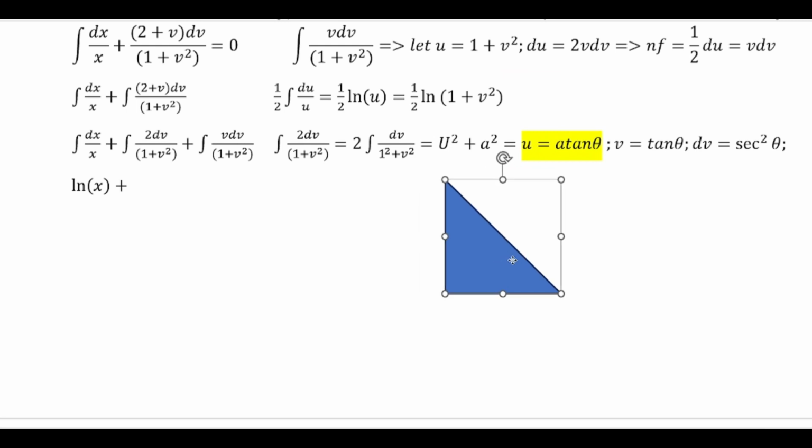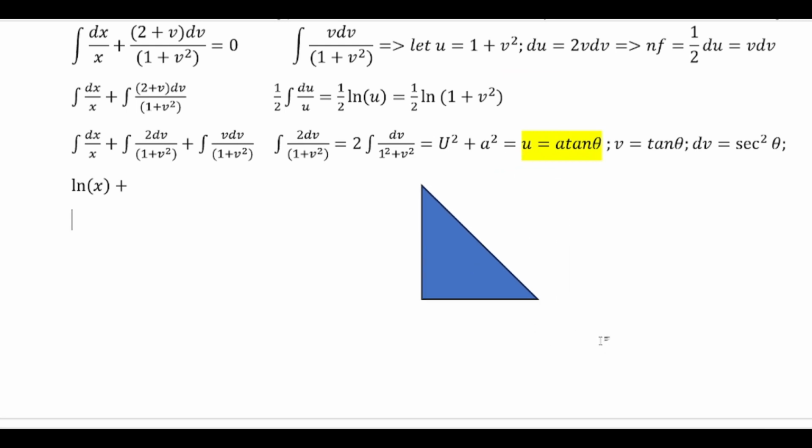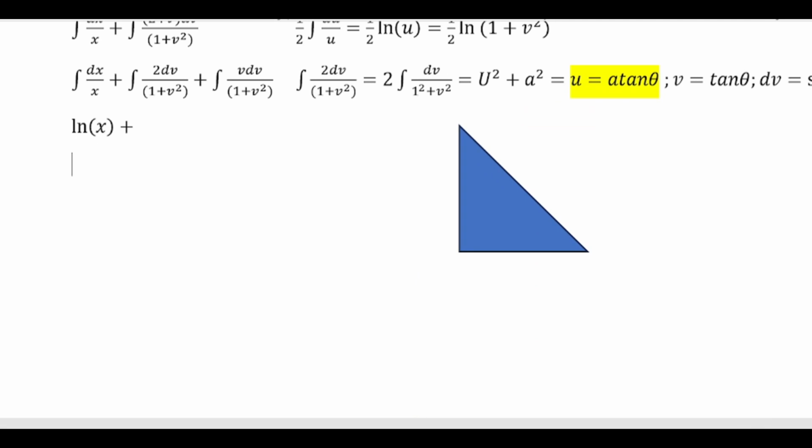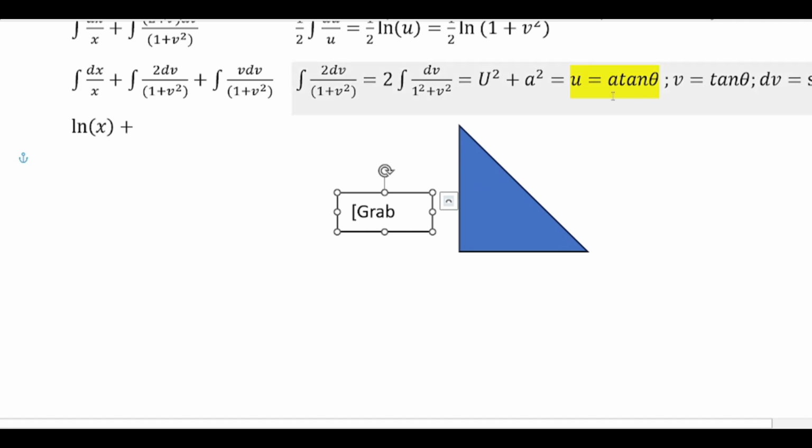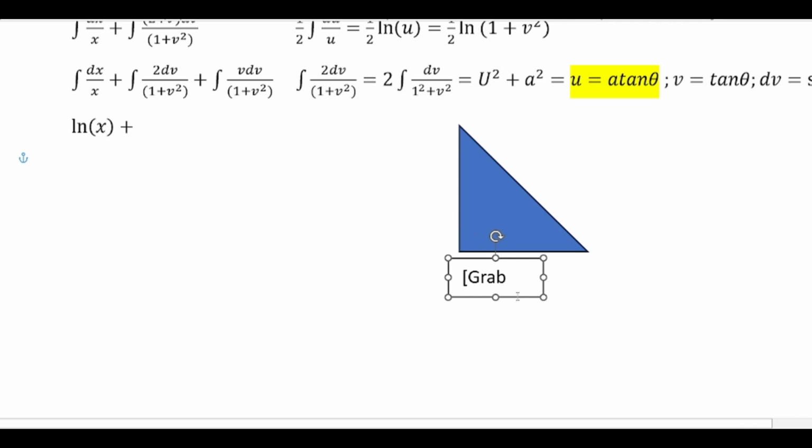Let's just insert a simple text box. So of course we have tan theta equals v over 1, and tan theta in SOHCAHTOA is TOA, which means tangent is opposite over adjacent.